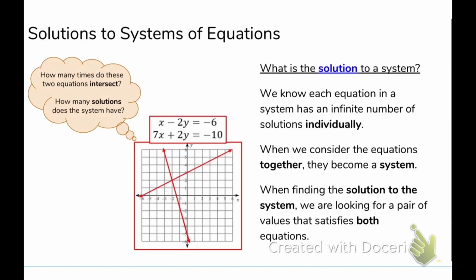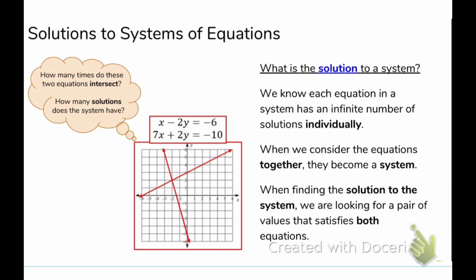So, what is a solution to a system? We know each equation in a system has infinitely many solutions individually. Every line has infinitely many solutions because each point on that line is a solution to that equation. Now, when we consider the equations together, they become a system. When finding the solution of a system, we're looking for the pair of values that satisfy both equations, not only one, but both.